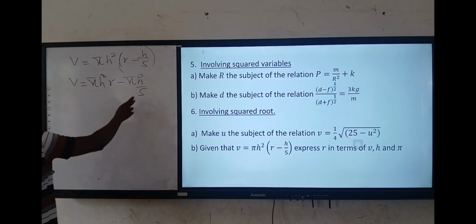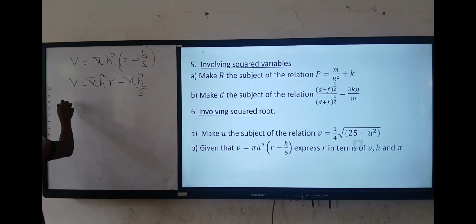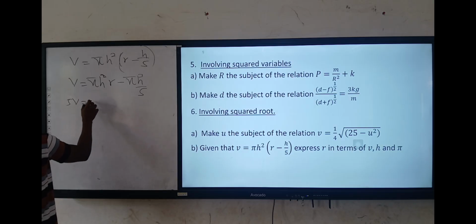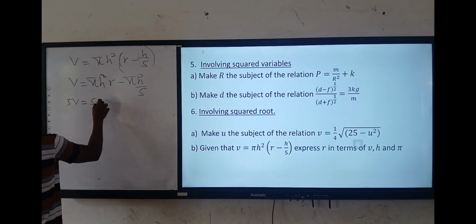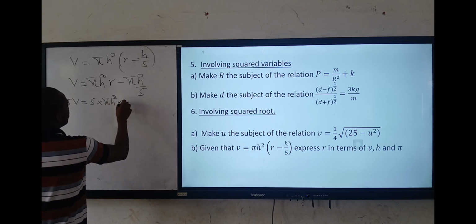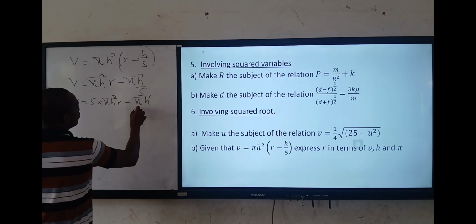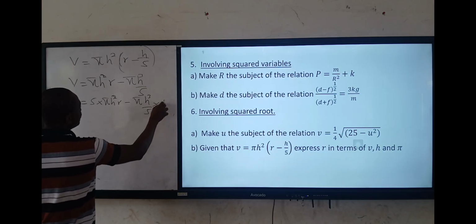Then, since we have a fraction here, multiply by 5. So you are going to get 5V equal to 5 times pi h squared r minus pi h cubed over 5 times 5.